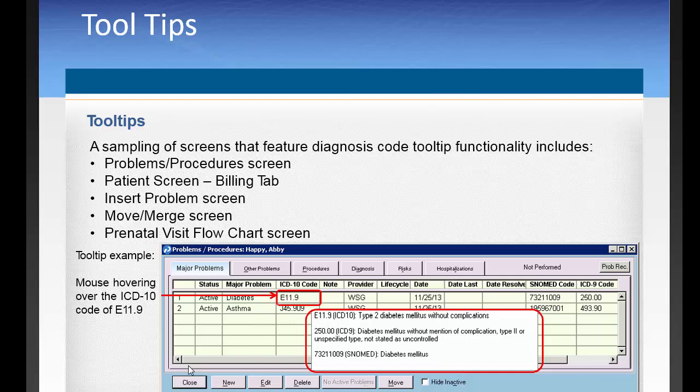So here the mouse pointer is hovering over the ICD-10 code, and it pops up the description of that code along with the code, the ICD-9 code in description, and then the aforementioned SNOMED code.